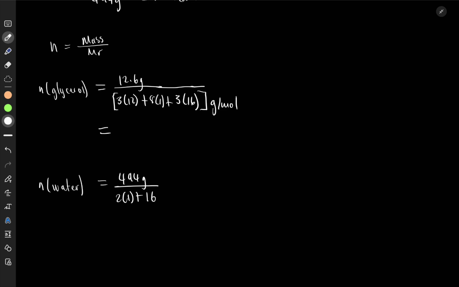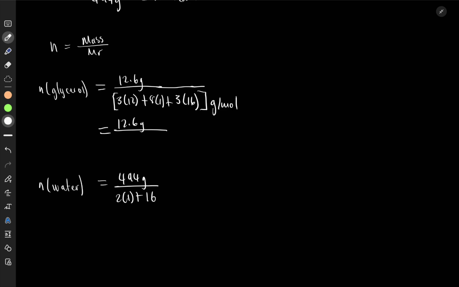So either way, let's get the values now. This is going to be 12.6 grams over the molecular mass of glycerol. So it's going to be 12 by 3, plus, open bracket, 8 times 1, which is just 8, plus, open my bracket, 3 by 16.